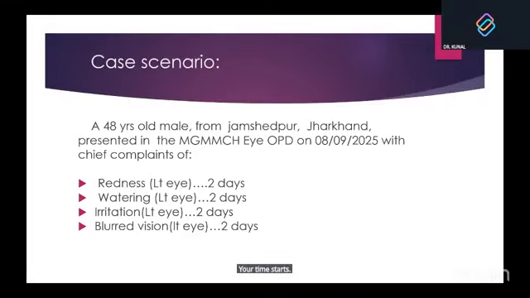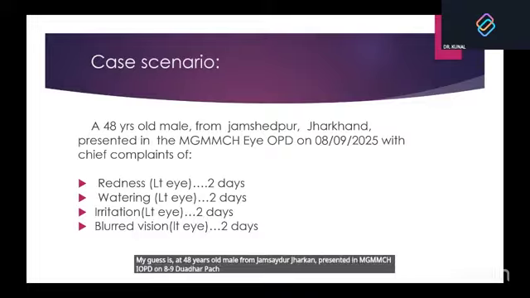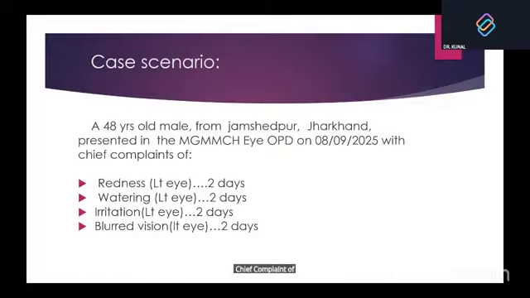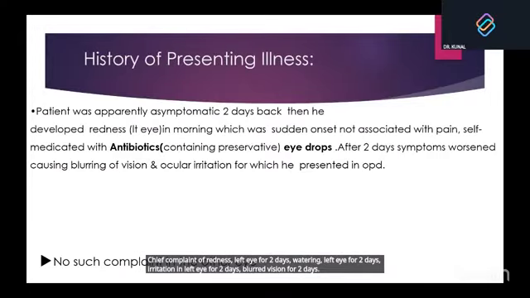My case is a 48-year-old male from Jamshedpur, Jharkhand, presented in MGMMCH IOPD on 8/9/2025 with chief complaint of redness left eye for 2 days, watering left eye for 2 days, irritation in left eye for 2 days, blurred vision for 2 days. History of presenting illness.